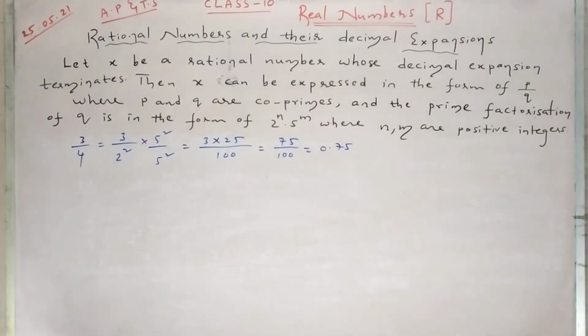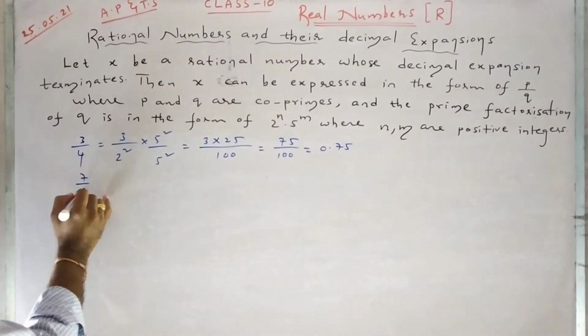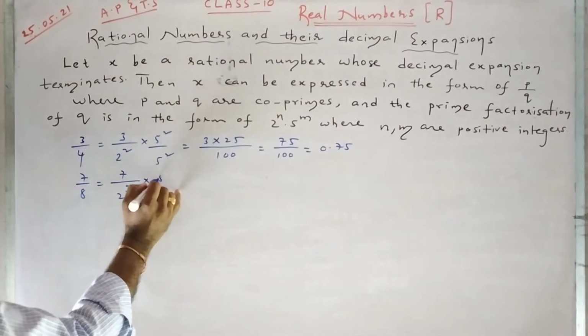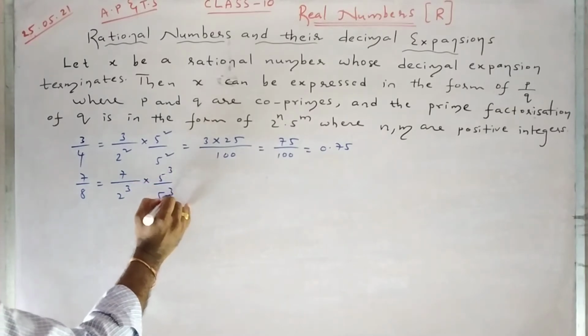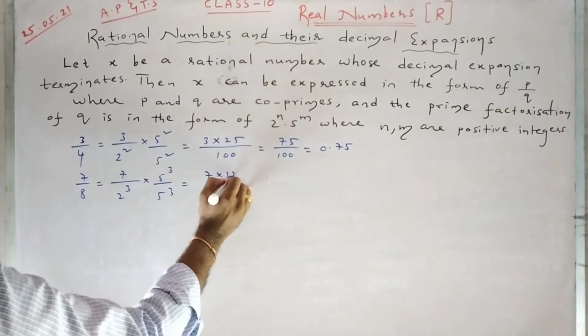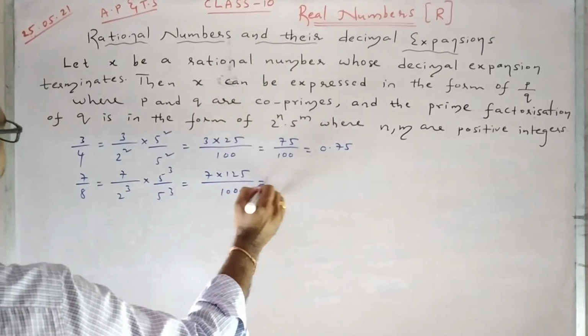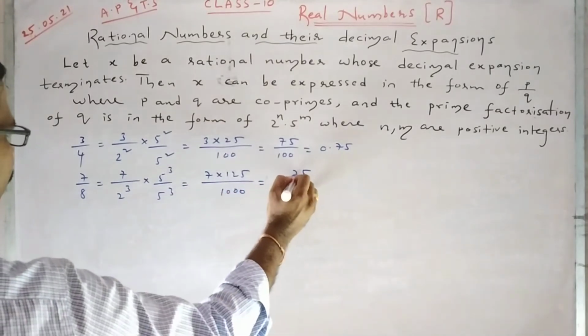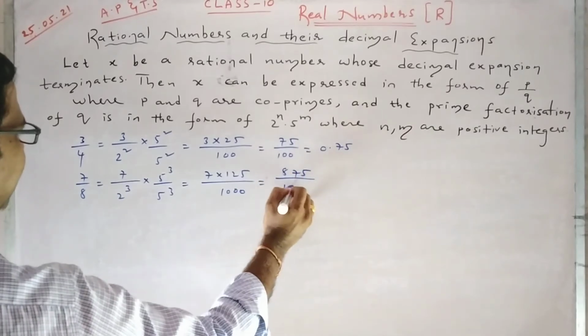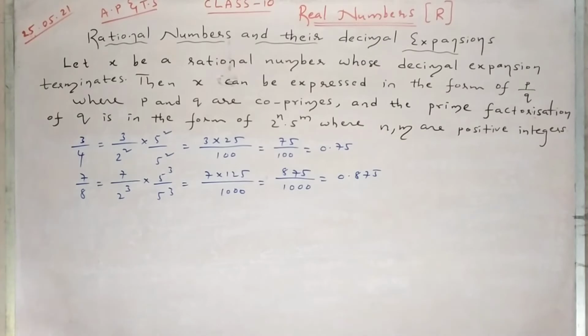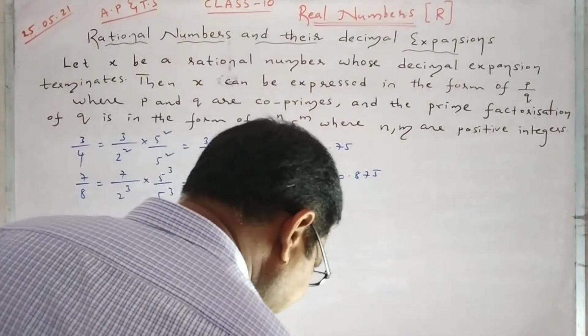Easily we can say that. Okay. 7 by 8, for example. 7 by 8 means I can write 2 cubed into 5 cubed by 5 cubed. 7 into 125 by 1000. 875 by 1000 means 0.875. So easily you can decide.